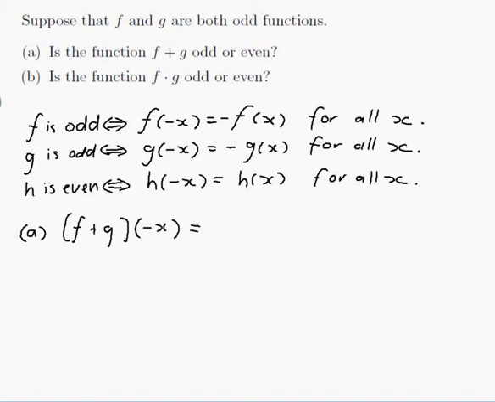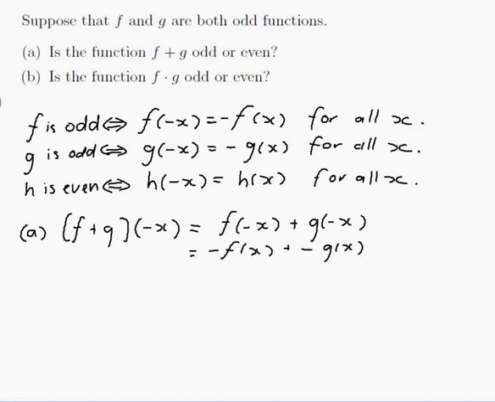Well, f plus g is the function where I do f of something plus g of something. So that would be the same as f of minus x plus g of minus x. And that would be, because of the rule up there, minus f of x plus minus g of x.